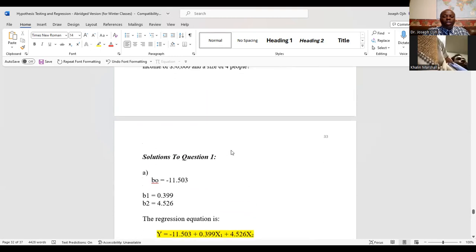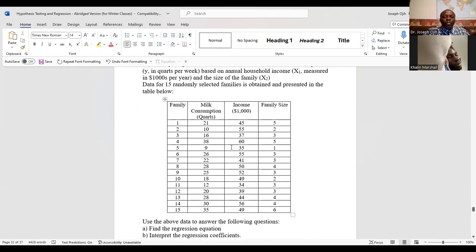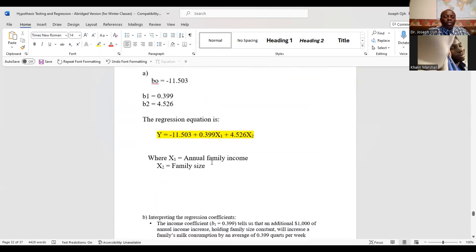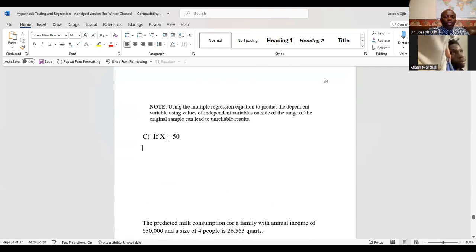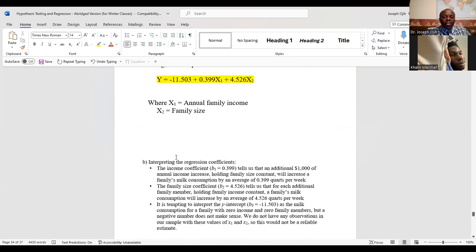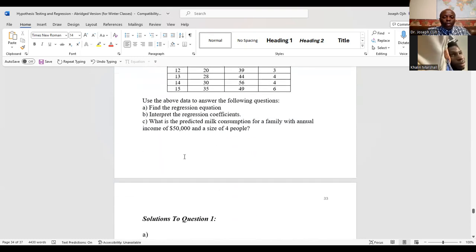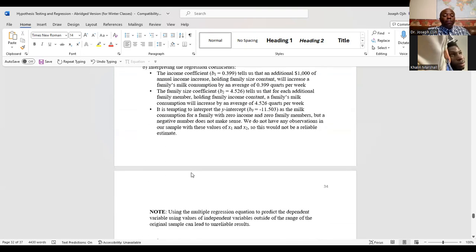So if annual income is X1, then X1 equals 50, and X2, the family size, is 4 people.